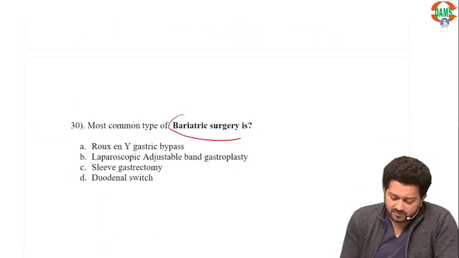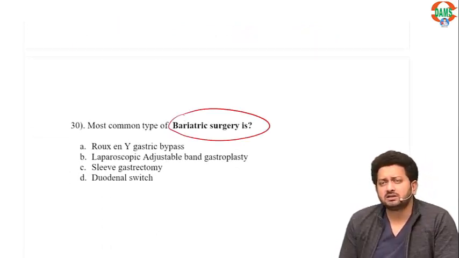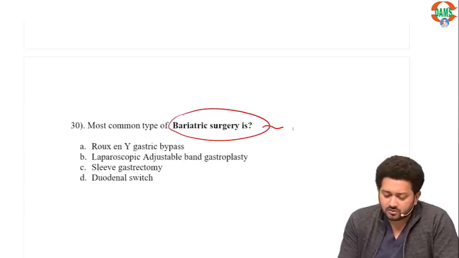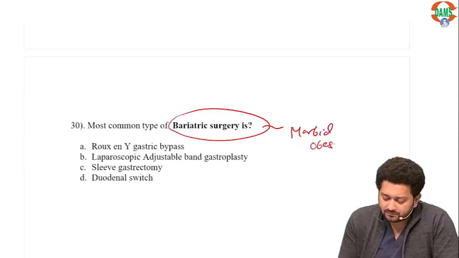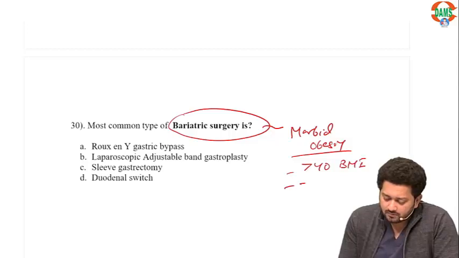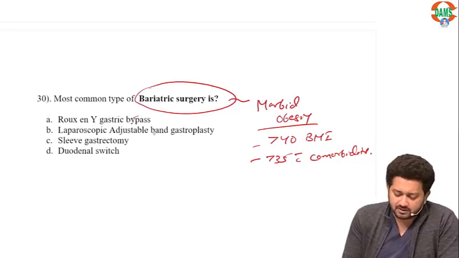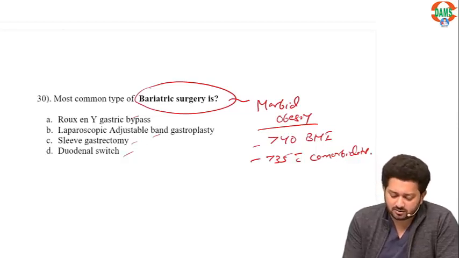Most common type of bariatric surgeries. See, bariatric surgeries are the weight reduction surgeries done for patients with morbid obesity. I'm sure you know morbid obesity means when the BMI is either more than 40 or more than 35 with comorbidities. So all the options, Roux-en-Y gastric bypass, gastric banding, sleeve gastrectomy, duodenal switch, are all bariatric surgery options.